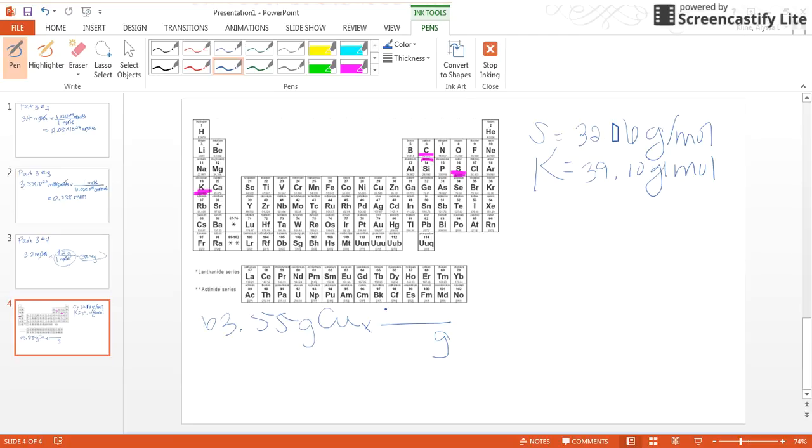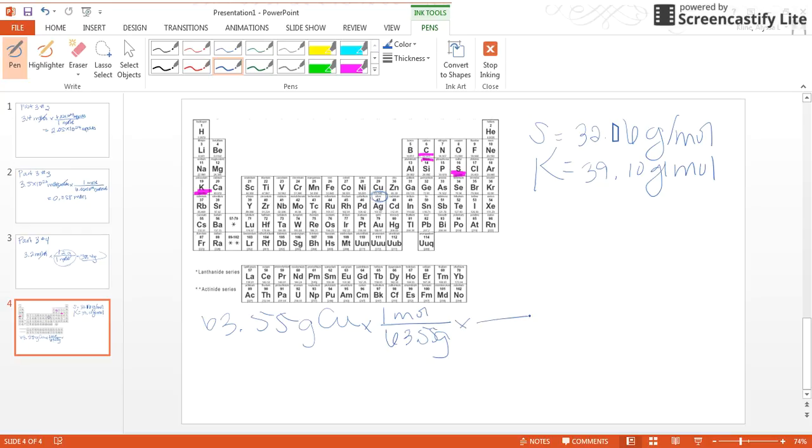And I'm trying to ultimately get to moles and then atoms. So I'm going to put 1 mole here. Now, what number goes here, we need to find from the periodic table. So if I look up to copper, which is right here, and I read this number right here, that's the number I'm going to need. So that number there is 63.55. So it's going to be that same number that we started with.